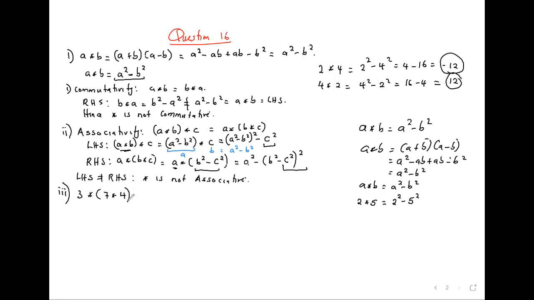This is where now maybe we understand it very well. So you start with the brackets first. You say, what is 7 star 4? 7 star 4 is going to be 7 squared minus 4 squared, because 7 becomes A, 4 becomes B. So we have A squared minus B squared, giving us 49 minus 16, which is equal to 33.